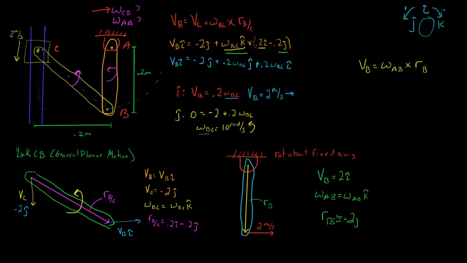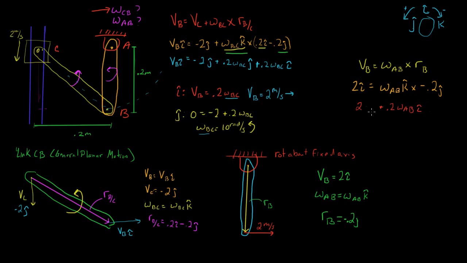Okay, so if we plug in everything we know, we have 2i is equal to omega AB k crossed with this minus 0.2j. And to do this cross product, we have a minus 0.2 omega AB with a k cross j. A k cross j is a minus i, so this becomes a plus sign.